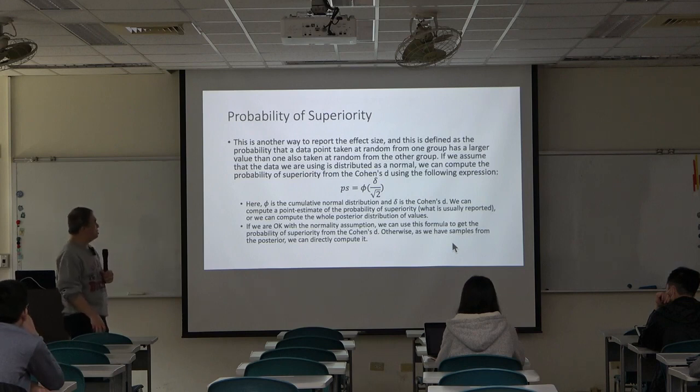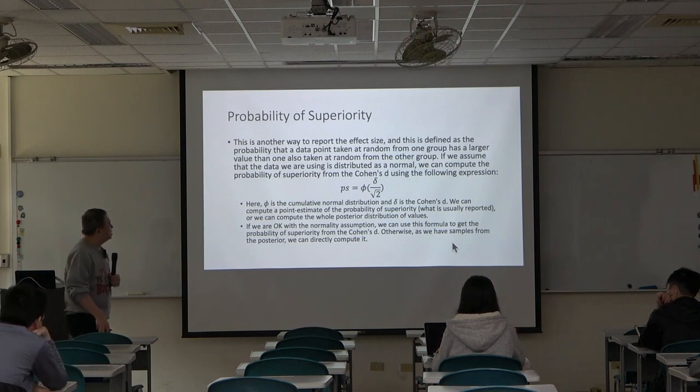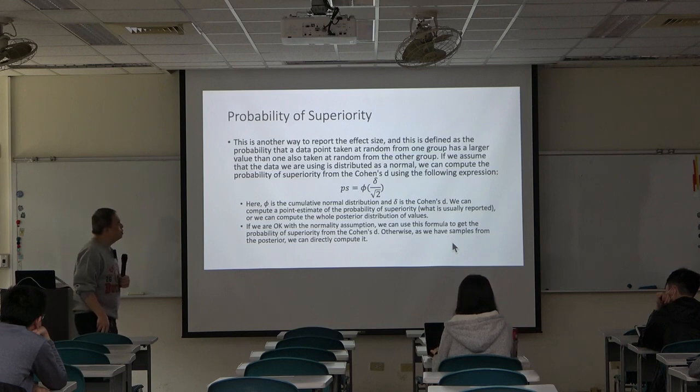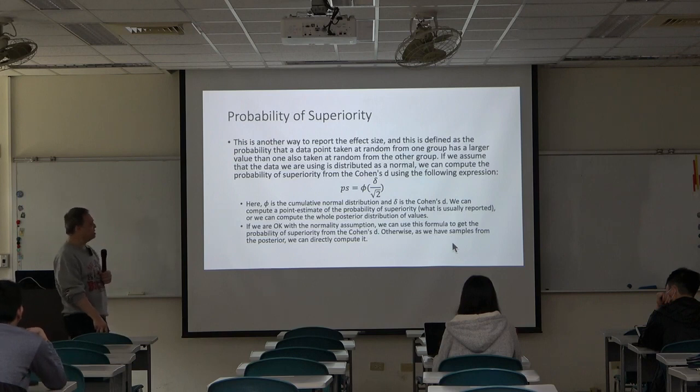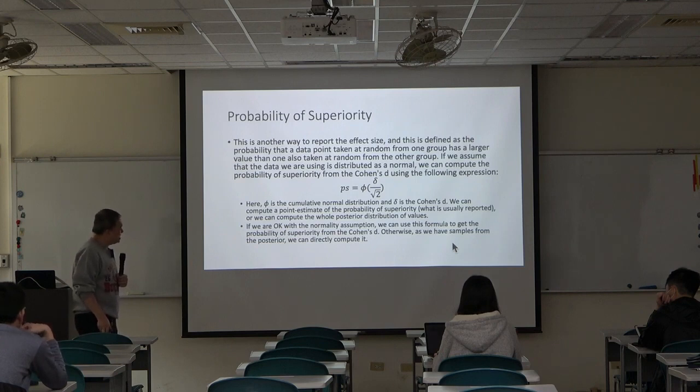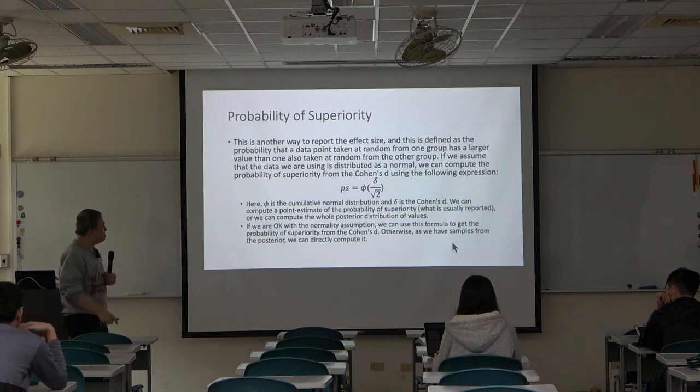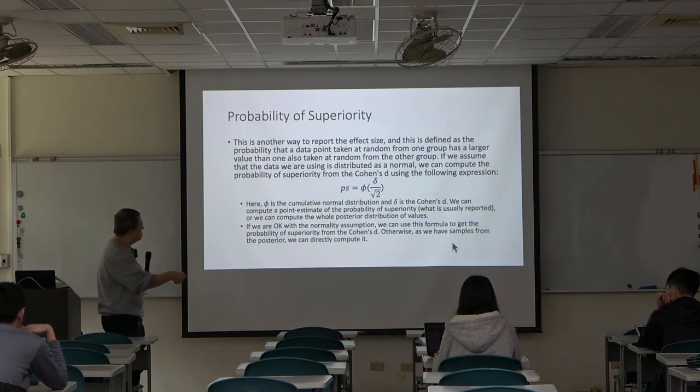But actually, if you assume the data is distributed as a normal distribution, which is, a lot of the time, not exactly normal, but it can be approximated by a normal distribution, then we can compute the probability of superiority from coherence D using this expression.